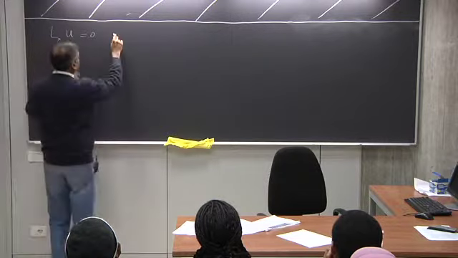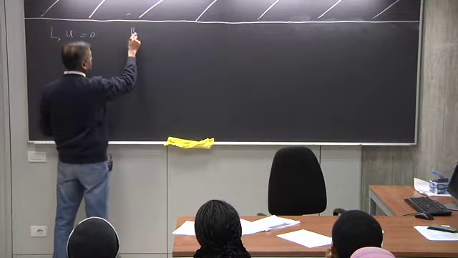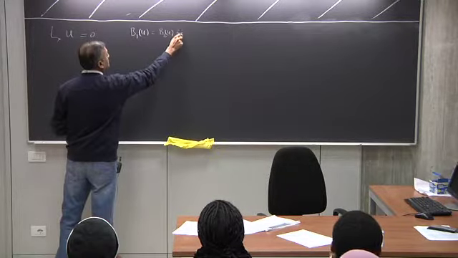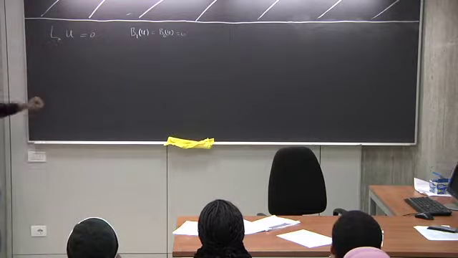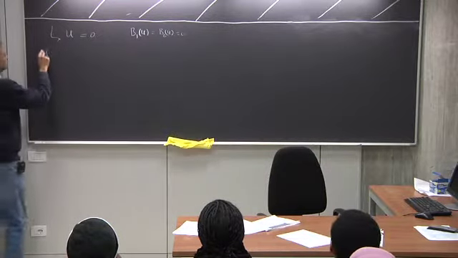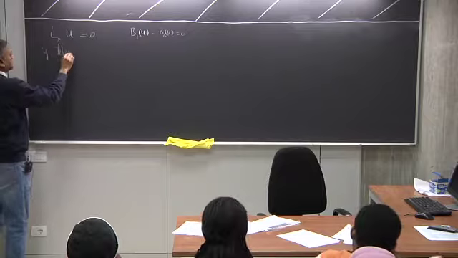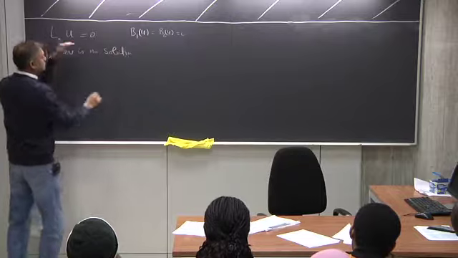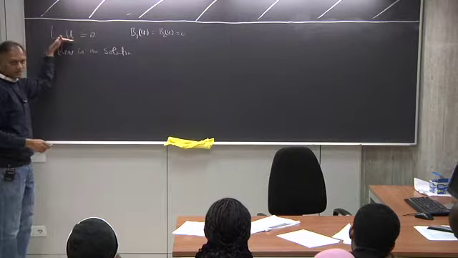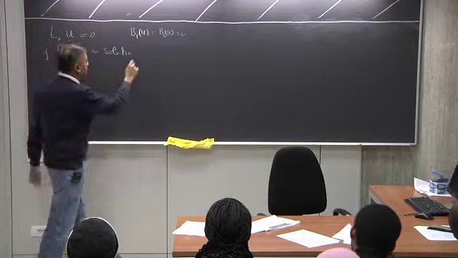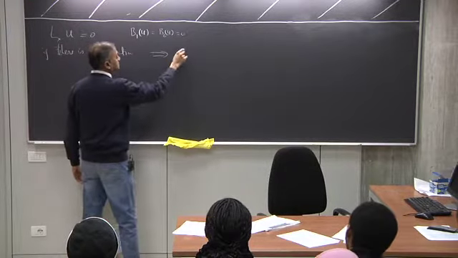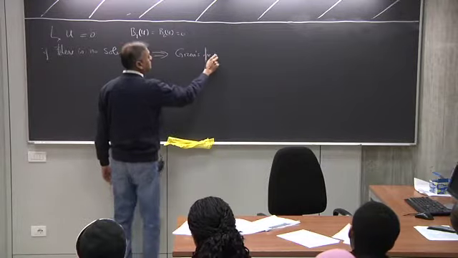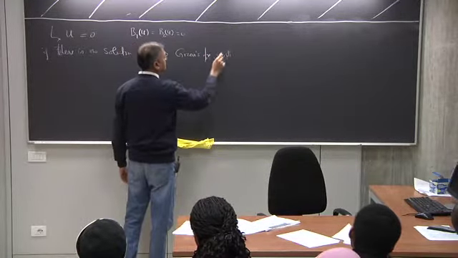So if this u is supposed to satisfy two boundary conditions, and there is no solution to this combined equation, I mean this equation together with the boundary conditions, then this implies Green's function exists and is unique.